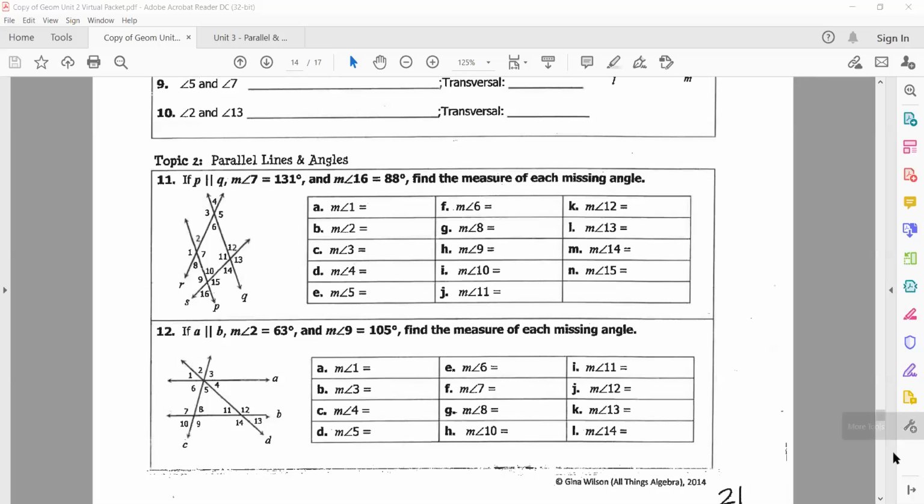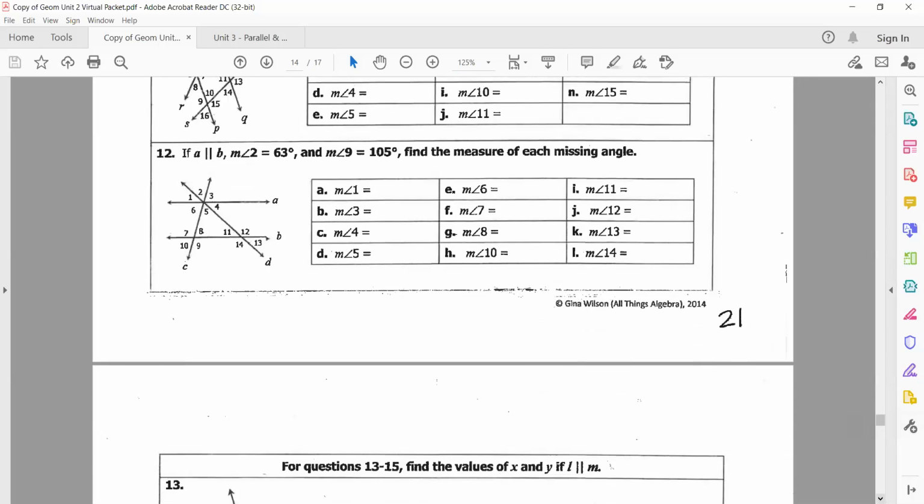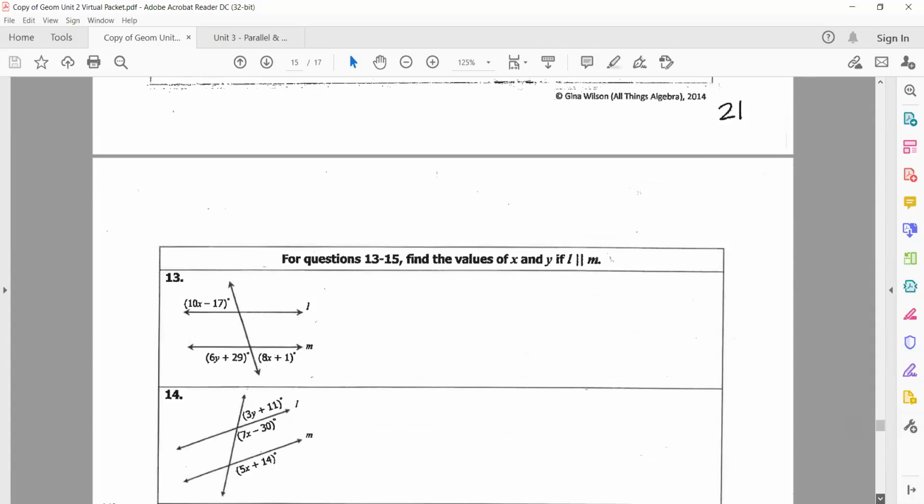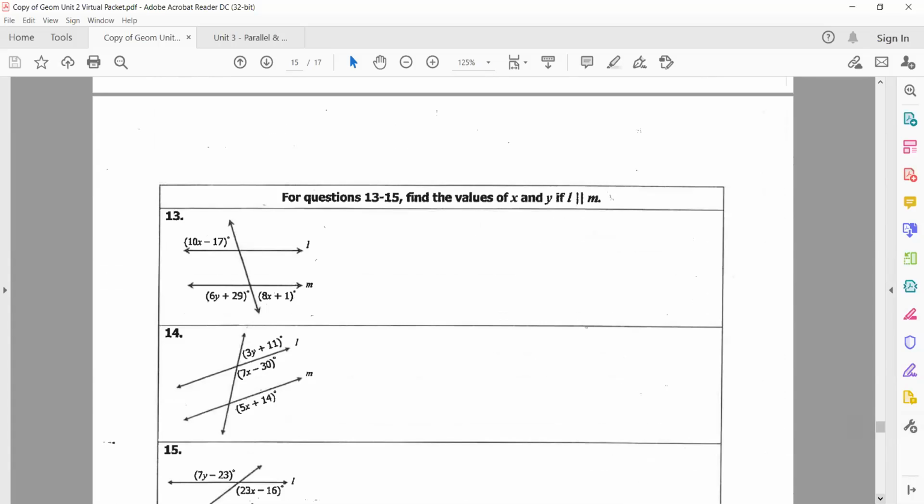All right, well, let's go back to the handout again. I don't know if anybody had a chance to do any practice with these kind of questions where they've got some expressions where algebra is involved.